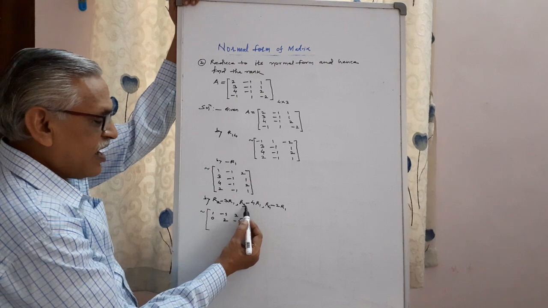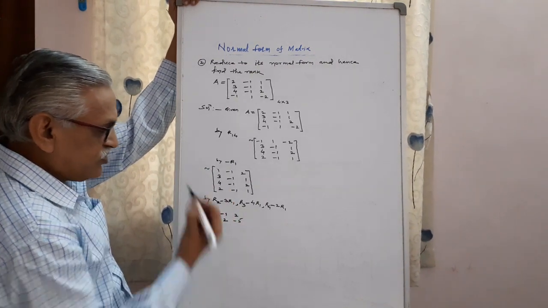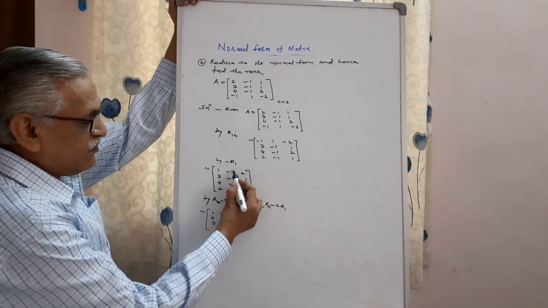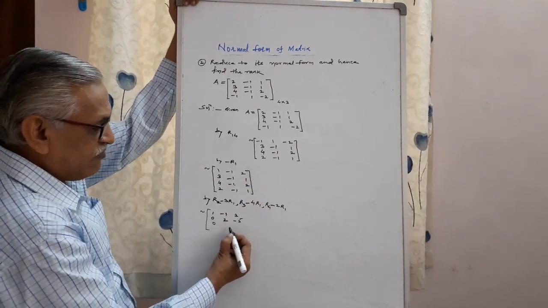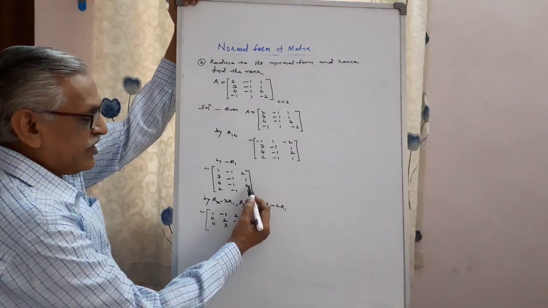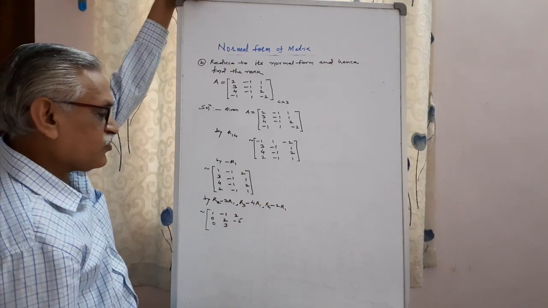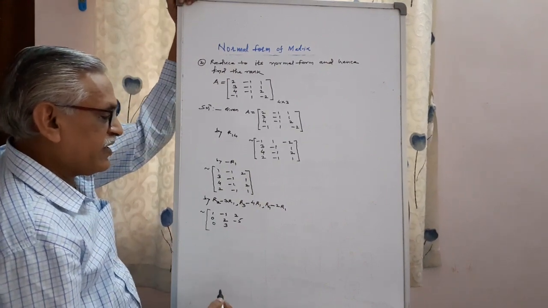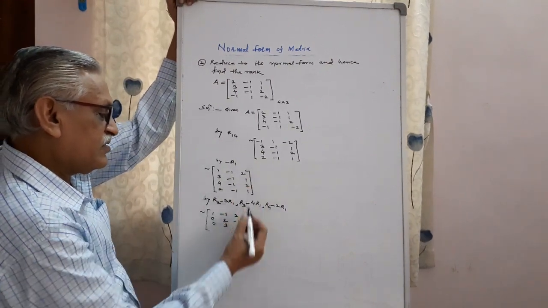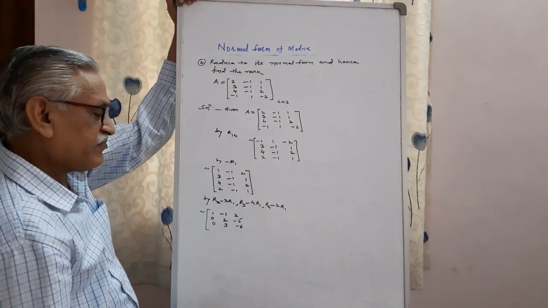Then applying R3 minus 4R1, 4 minus 4 is 0, -1 plus 4 is 3, then 2 minus 8 is -6.